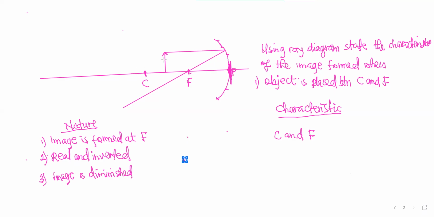A ray of light which is through F must reflect, and the reflected ray must be parallel to the principal axis.